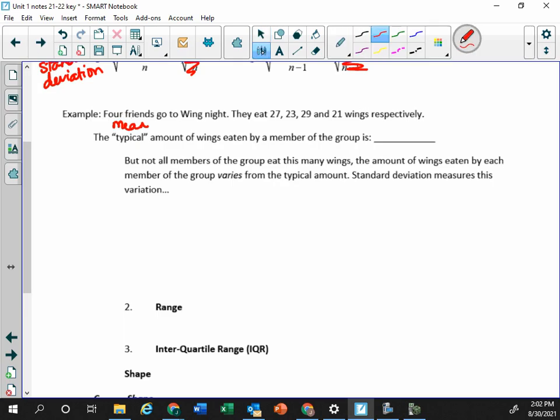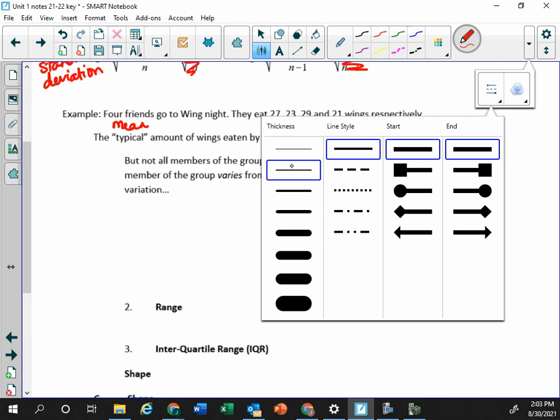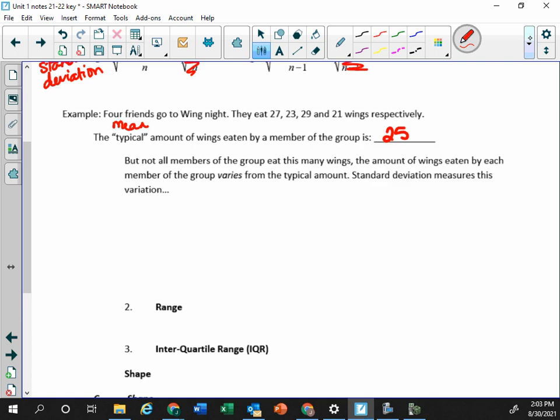So we found the mean, or the average of our group here, to be 25. And what this little paragraph is saying is not everybody in the group actually eats 25 wings. In fact, no one in the group eats 25 wings. Everybody varies somewhat from this average of 25.